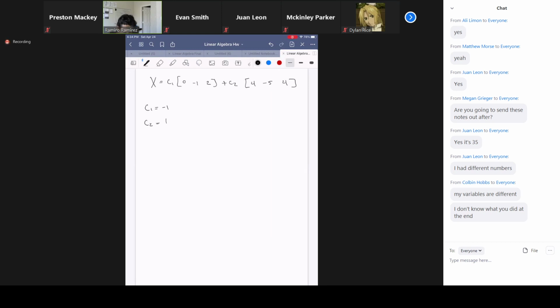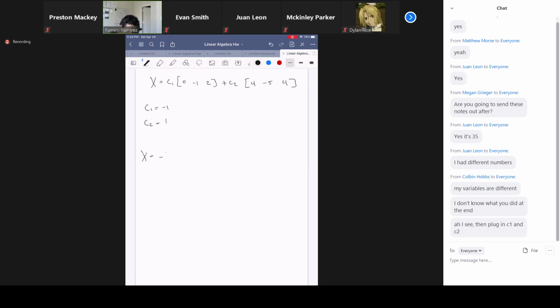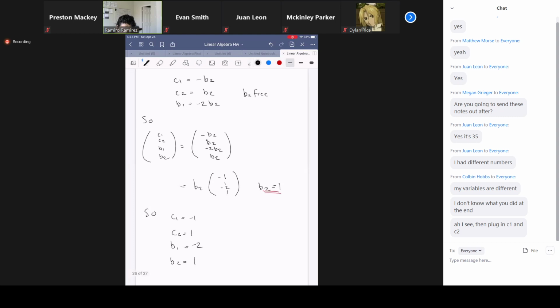So x is going to equal -1 times 0, -1, 2, plus 1 times this. So you get 0, 1, minus 2, plus, which gives me, well, it should be 4, minus 4, and then 2, which I guess is a linear combination.